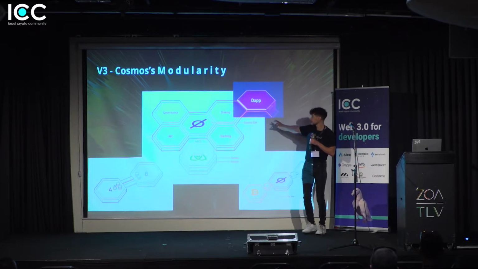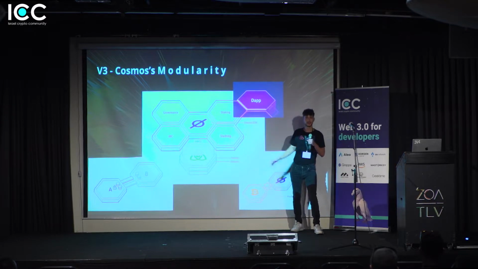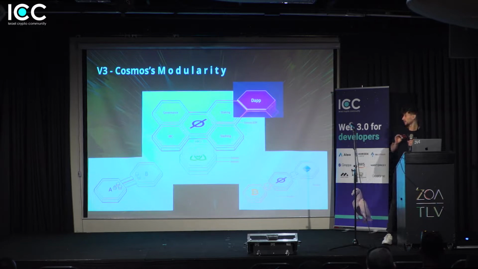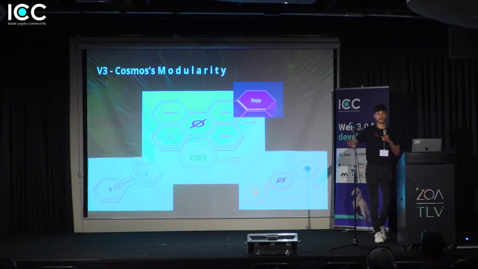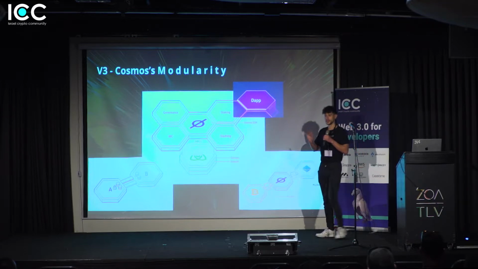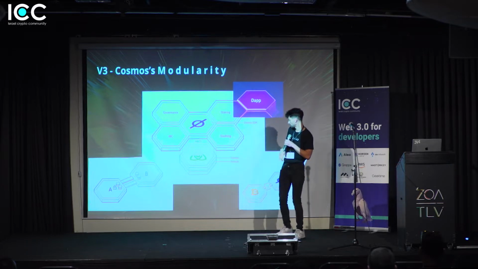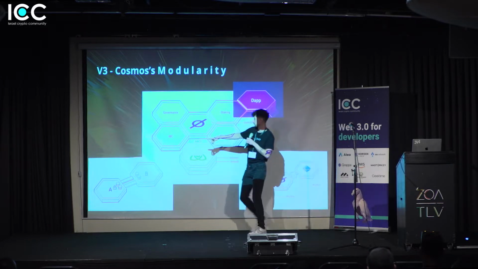You can look at it as a kind of dApp, but it's a module within the whole. And once we have this module approach, blockchains can connect and talk between them. That's mostly what we call IBC.